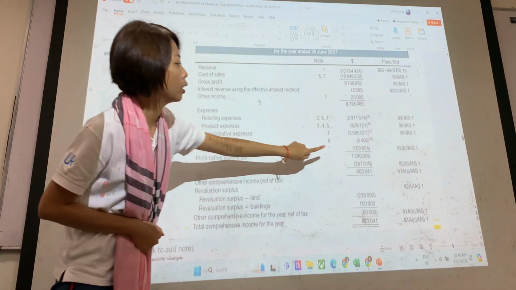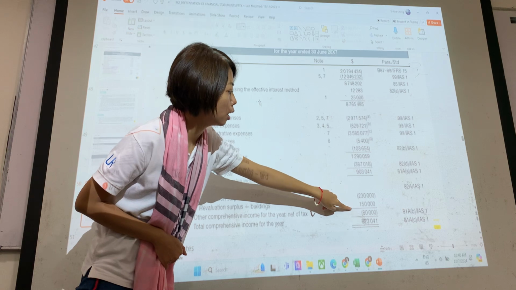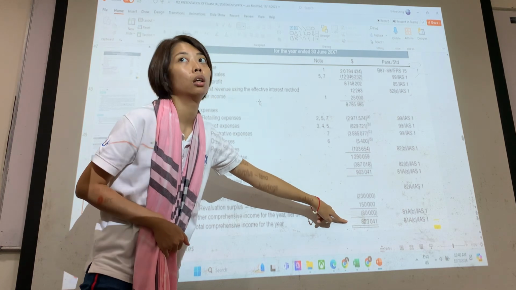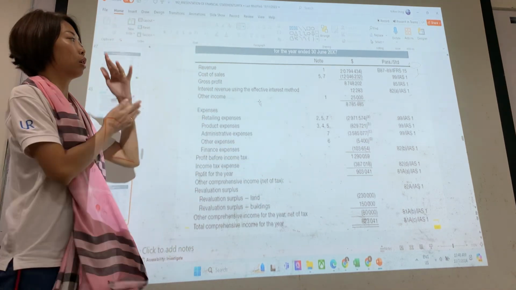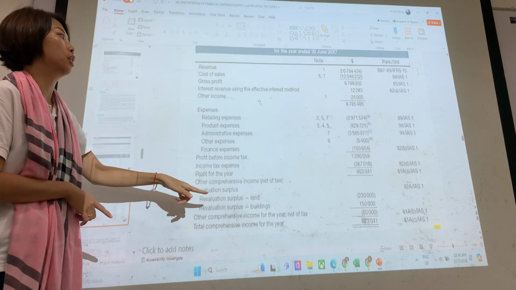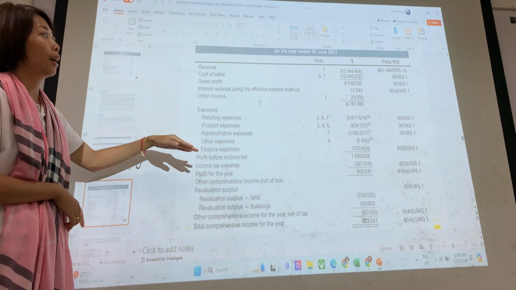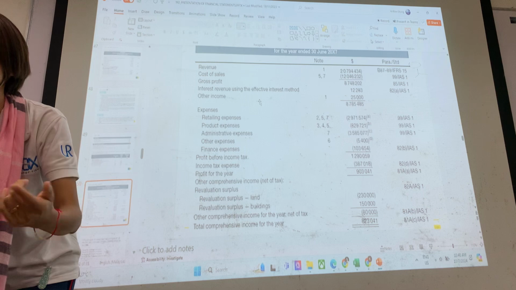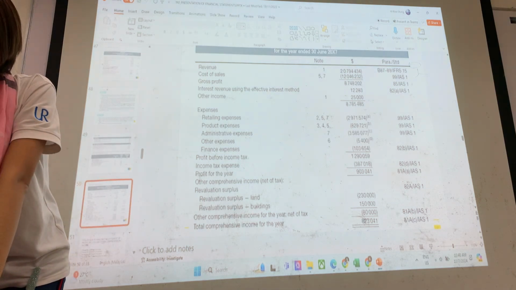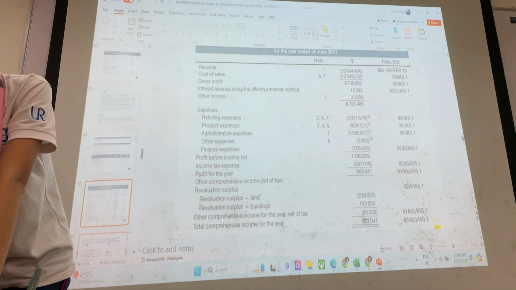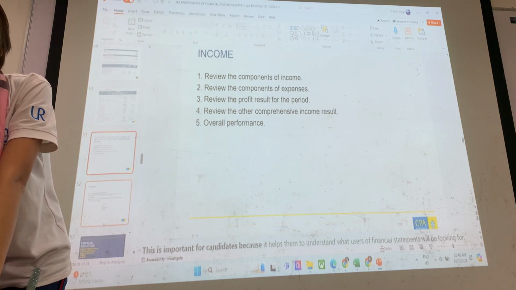Profit for the year is 903,000, OCI is 80 negative, total is 823. So you use the longer one or the shorter one, the answer is the same, just that the breakdown is different. If you are confused why they ask the same thing two times, it's like this, nothing much.